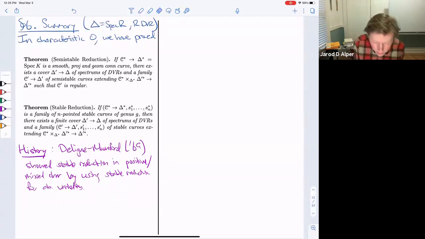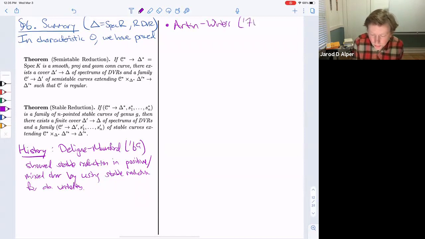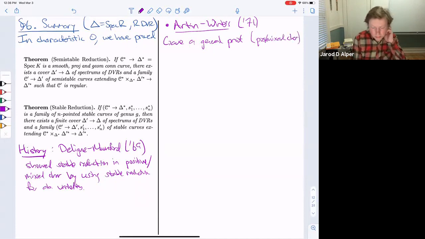And then shortly after, Artin and Winters, around 71, gave a proof again that works in positive or mixed characteristic, vaguely along the same lines as what we presented.